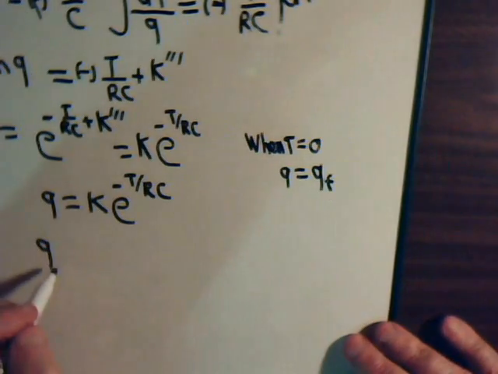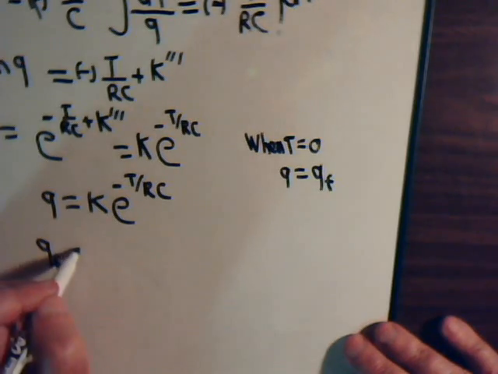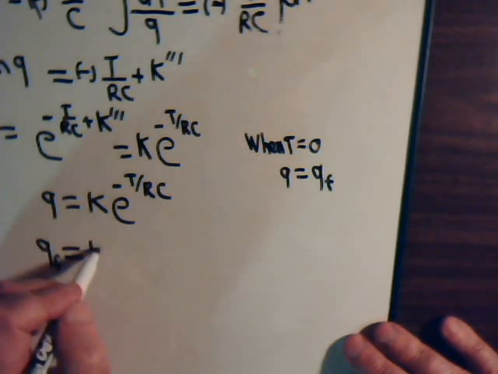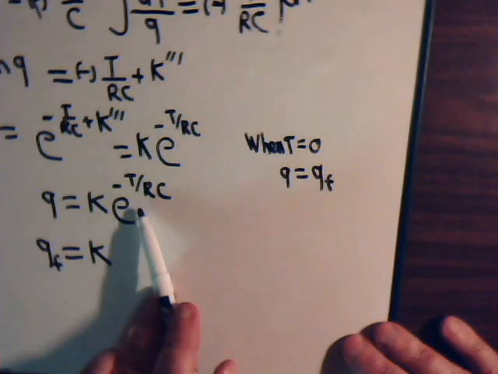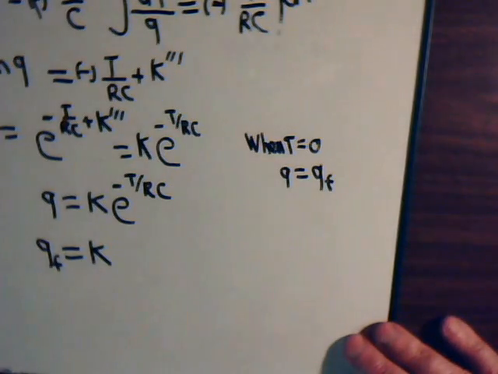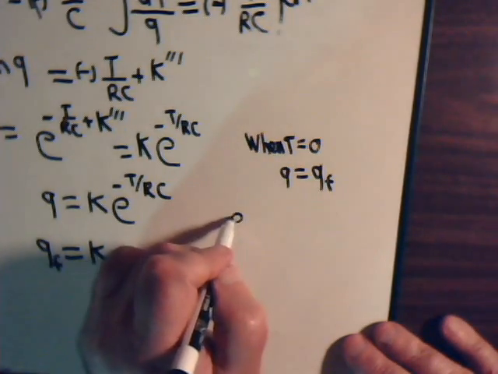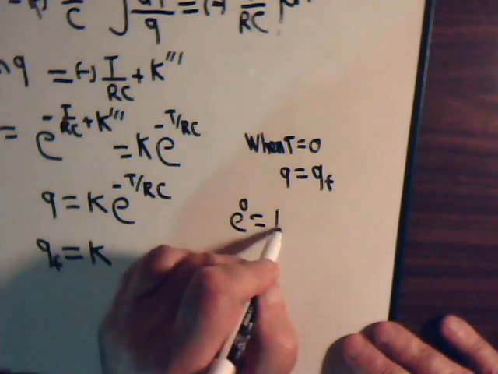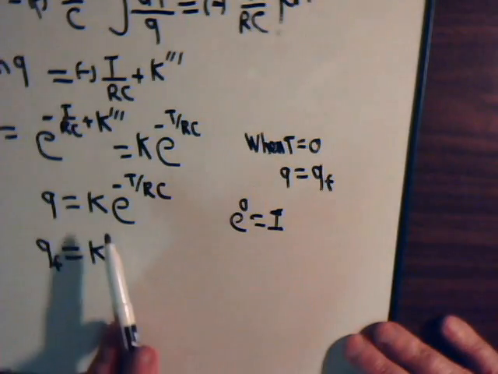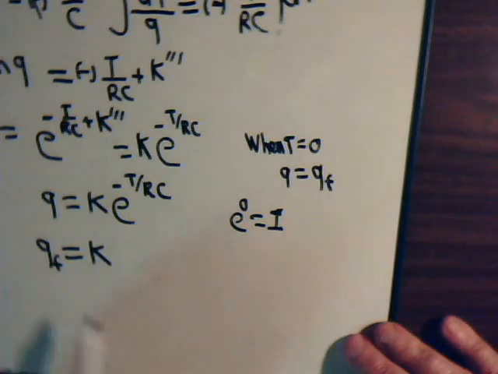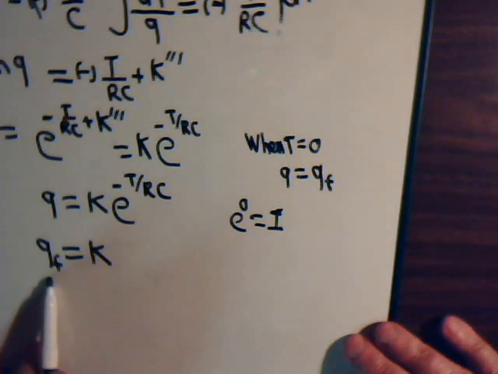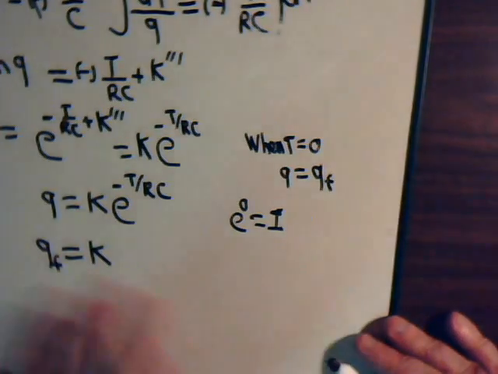So here then we can say that Q at time t equals 0, that is QF, equals this K times e to the 0, since t is 0. e to the 0 is 1. Any number raised to 0 is just 1. So we have that this constant K, that is the full charge in the capacitor, QF. So we'll put that right here.